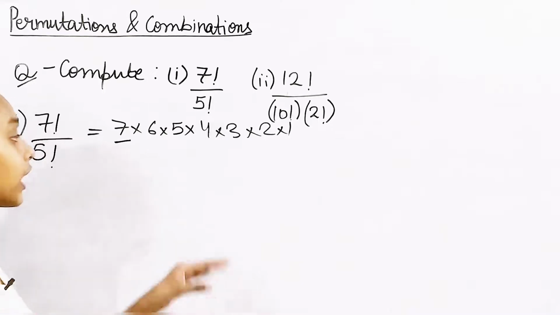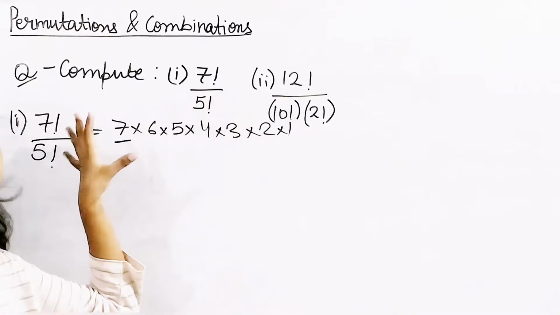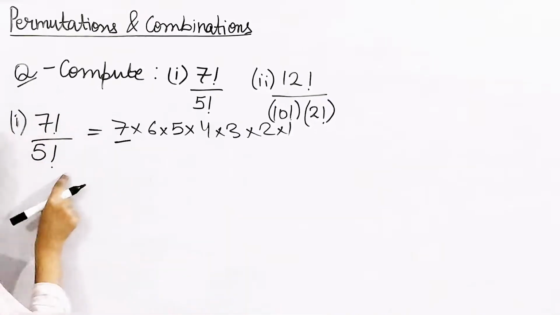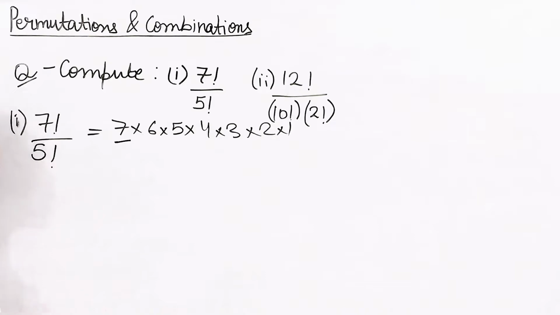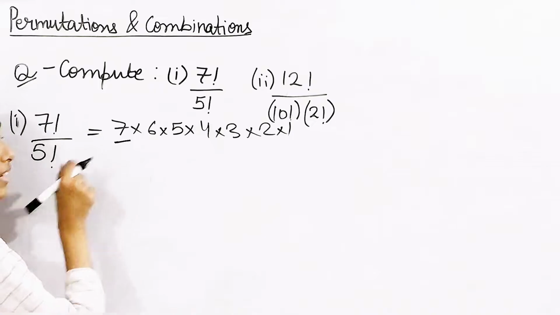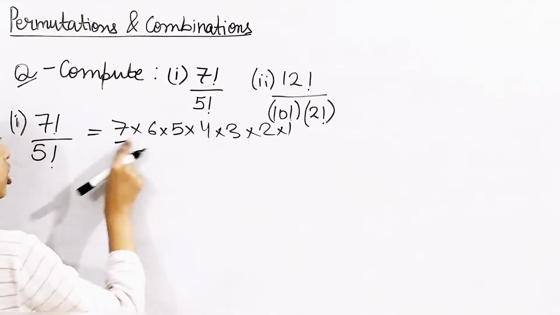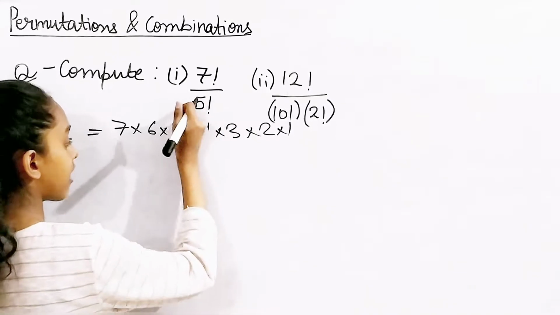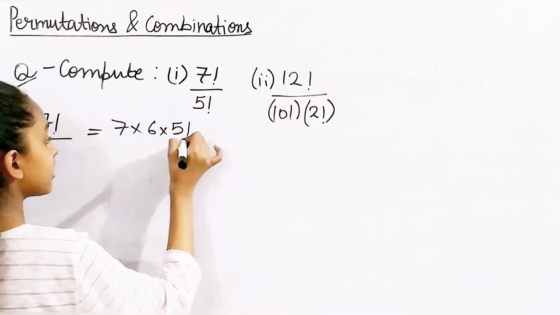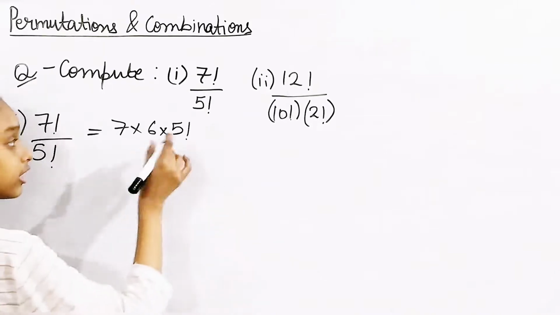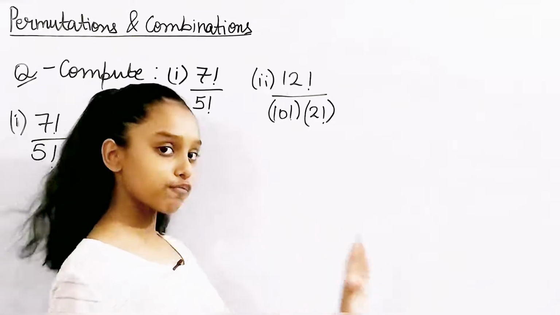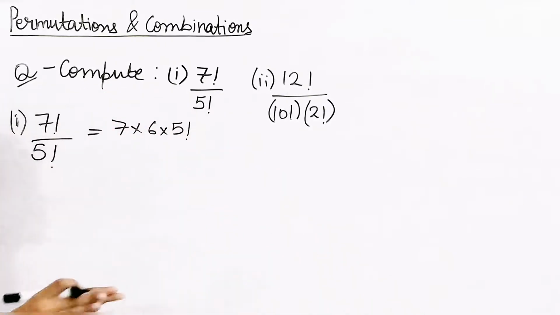First of all, we don't have to write this long. There's a shortcut. As we can see, in the denominator we have 5 factorial. So what does this mean? This factorial can be cancelled. So I'll just write 7 into 6 into 5 factorial, and 5 factorial is 5 into 4 into 3 into 2 into 1, which is exactly the same.